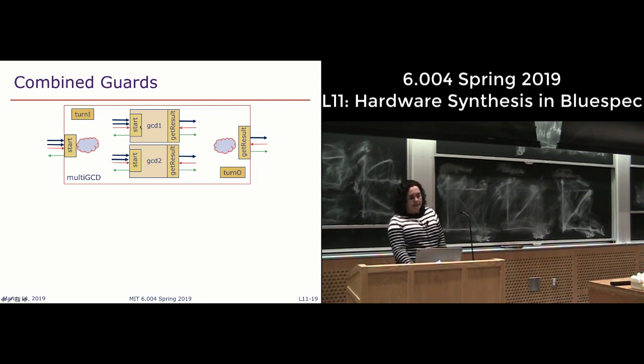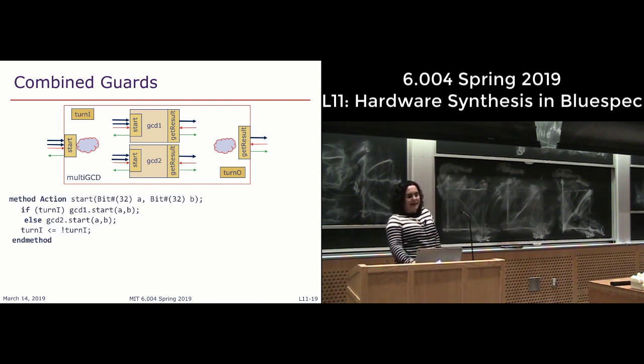So now we've got this GCD1, GCD2, which themselves have ready and enable signals, and then we have our start and get result of this higher level, which we need to produce the ready and enable signals for. So what does that look like?